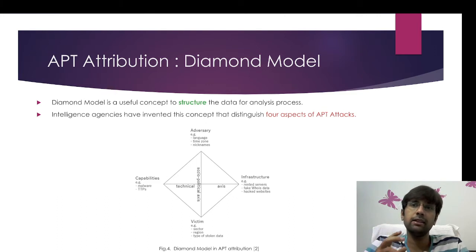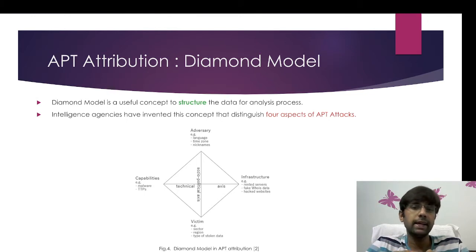Based on that, they came to the initial conclusion that this APT attack might originate from China. That's why we consider the time zone a very key aspect in the adversary pillar.